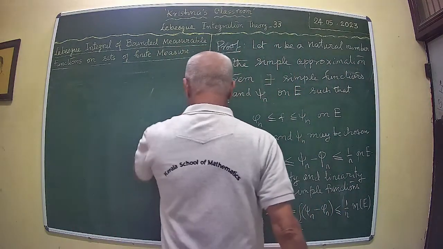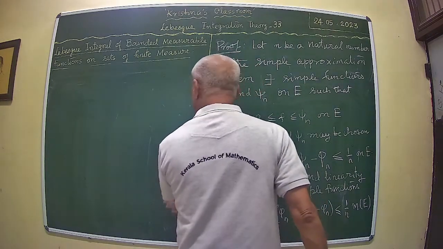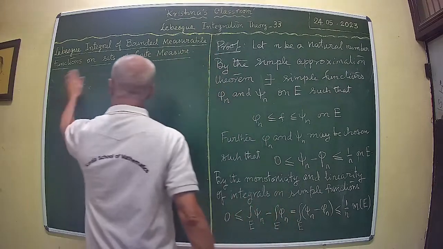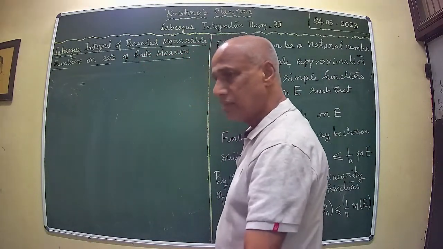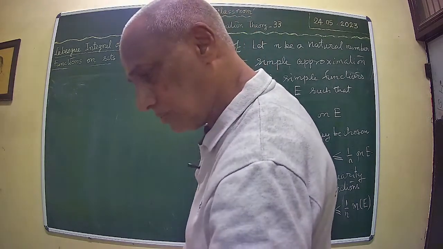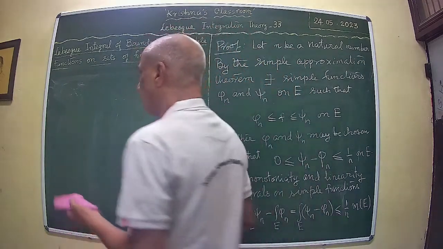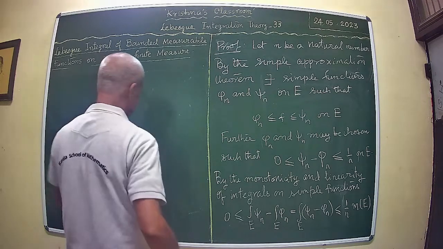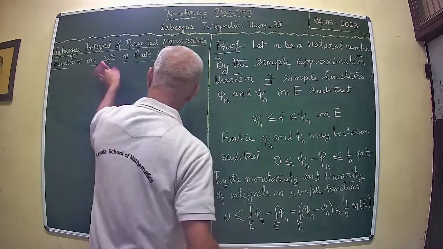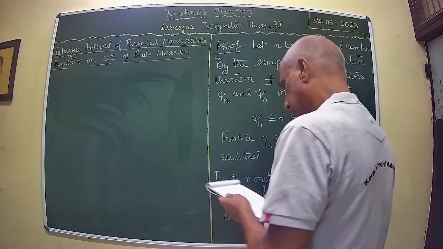So all this measurability of f etc. have been made use of in proving the existence of such functions. So we don't have to really work on that. So what do we do?